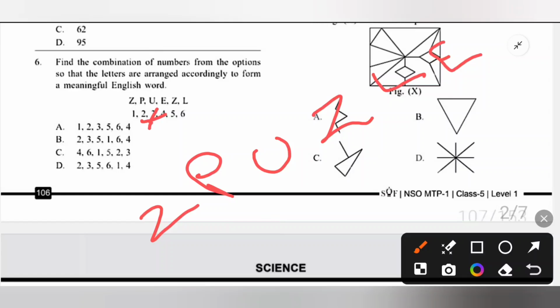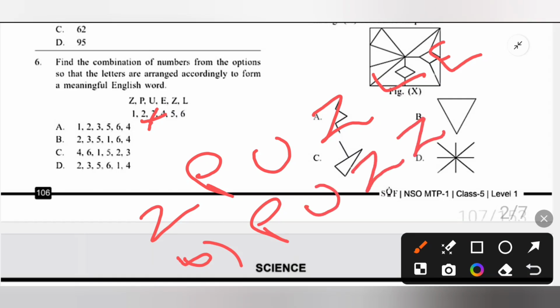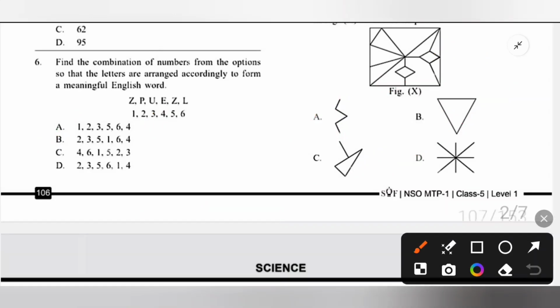Okay, so option B is 2, 3, 5, 1, 6 and then 4, puzzle. So puzzle is a meaningful word. So option B is the correct answer. Okay, option B.